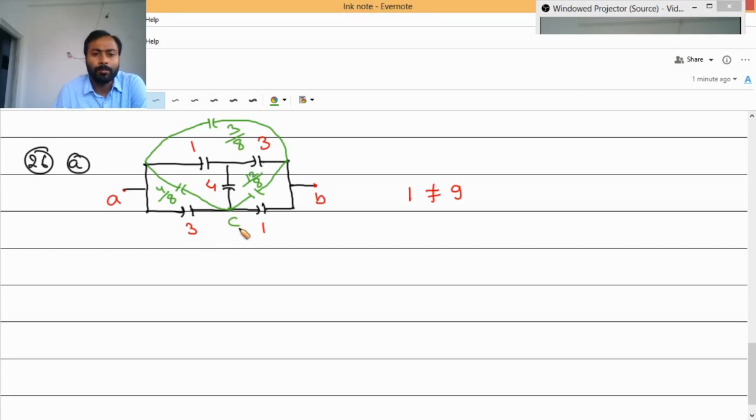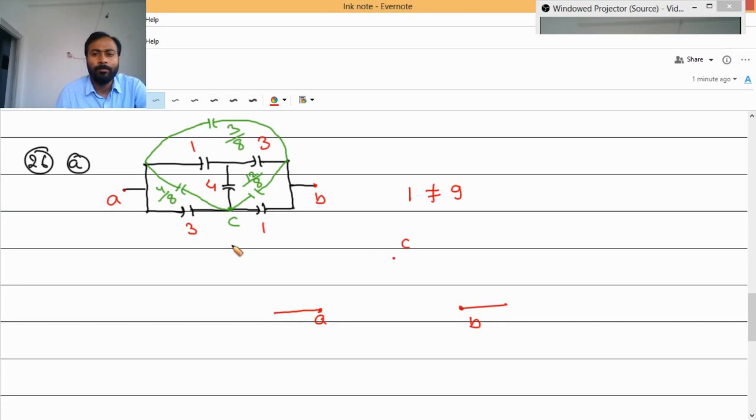Let us write this point as C. Consider this as point A and this as point B. The points required in this network are A, B, and one more point, C.